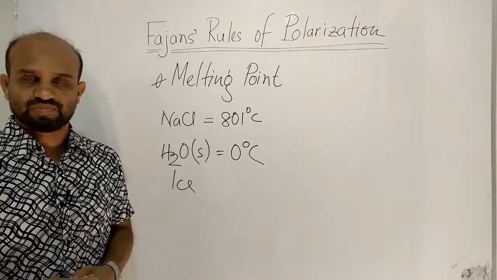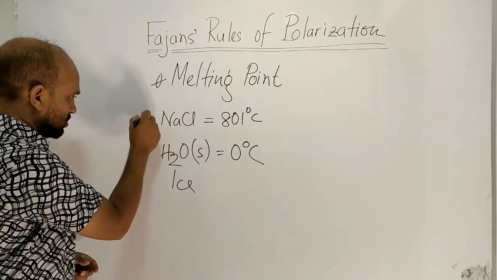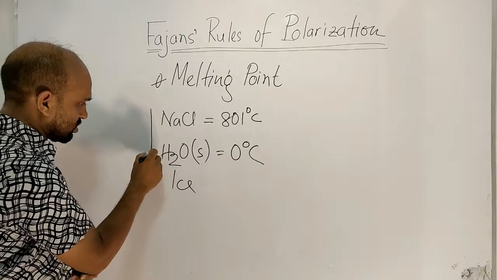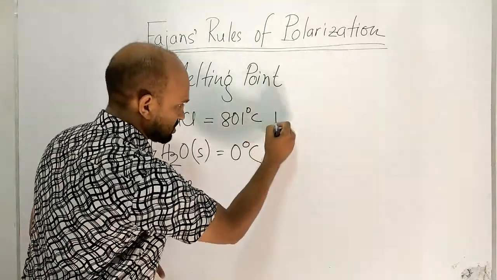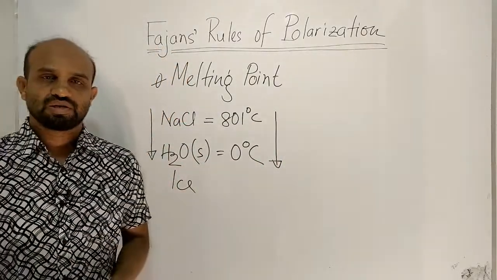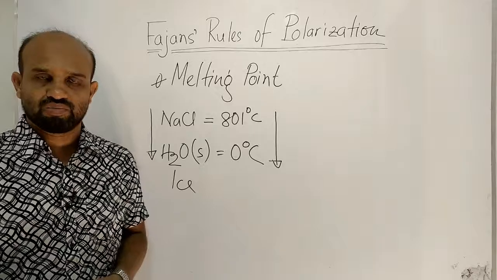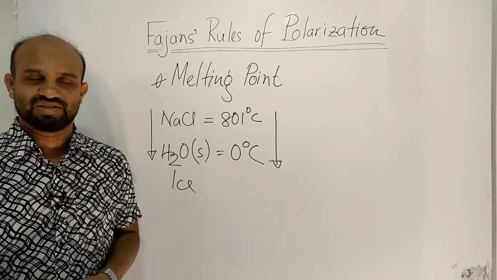One thing to be kept in mind, that from ionic compound to covalent compound melting point decreases a lot. That is, the more the covalent compound, the less the melting point.